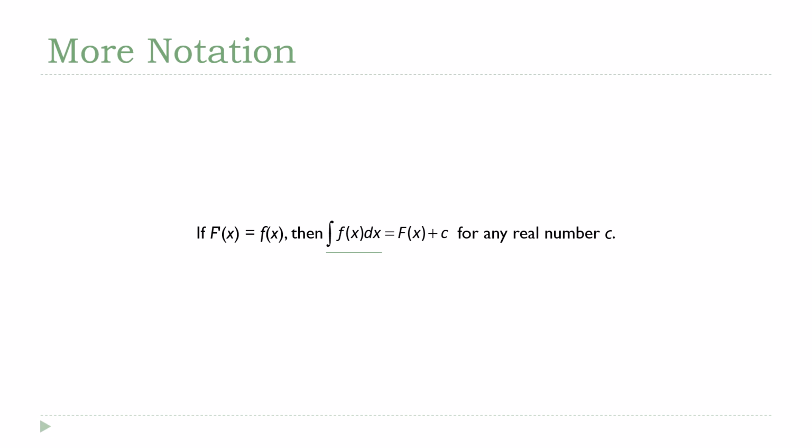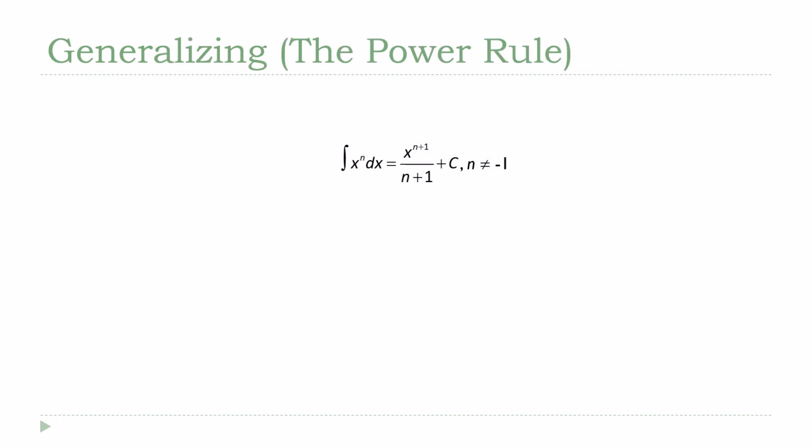So with that in mind, let's revisit that power rule. The way I would write this using my new notation: the integral of x to the n dx. That dx tells me the variable that I'm integrating with respect to. That is important because we're integrating with respect to x, not n. If we were integrating with respect to n, it would be a completely different thing. So the integral of x to the n dx is equal to x to the n plus 1 divided by n plus 1 plus a constant.